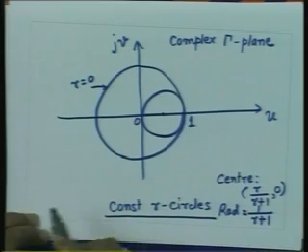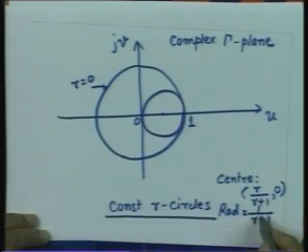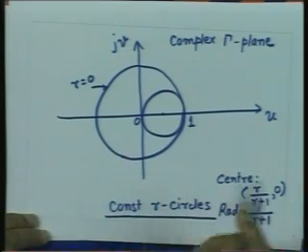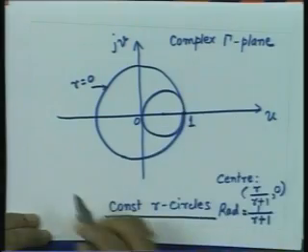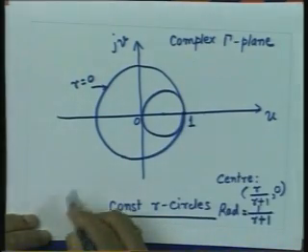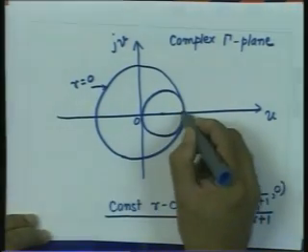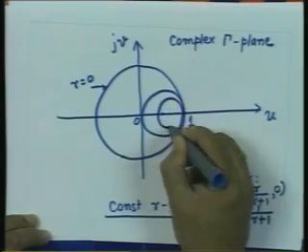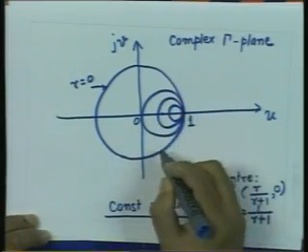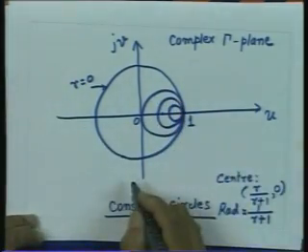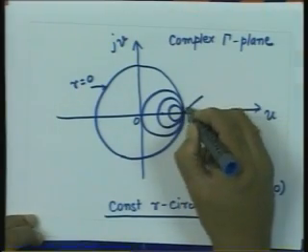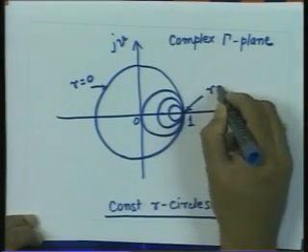So, for r equal to infinity, the circle will degenerate into a point at this location. So, if I take different values of r, these circles essentially lie one within another like that with increasing value of r, and this location here represents r equal to infinity.